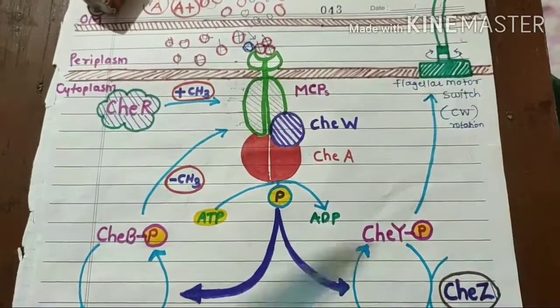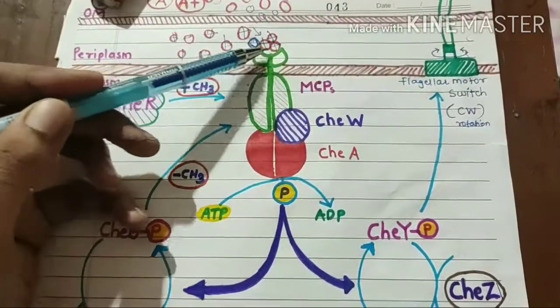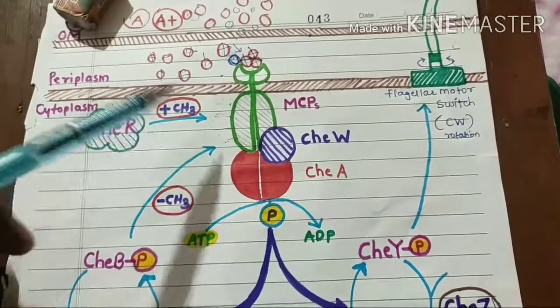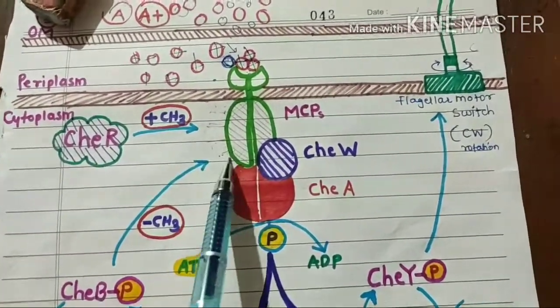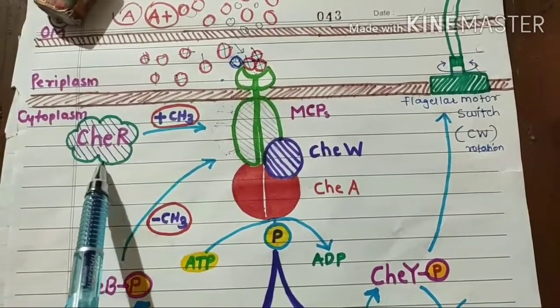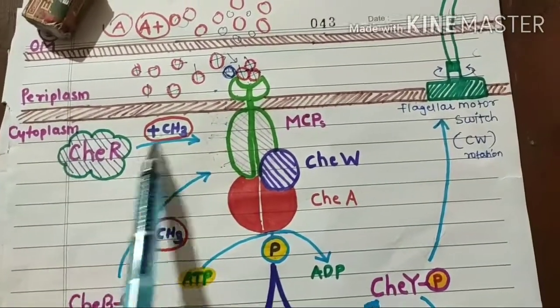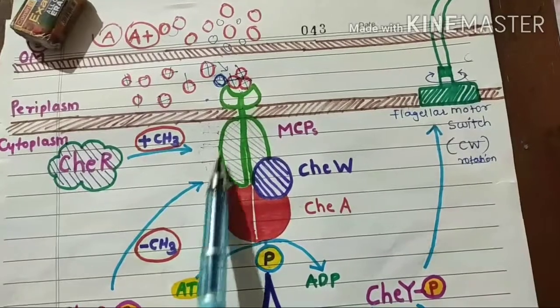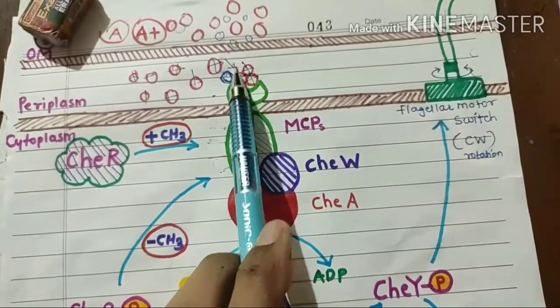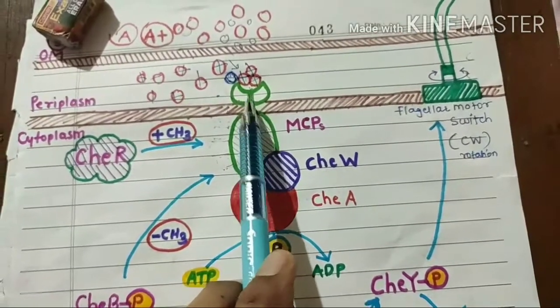But after some time this binding of attractant causes CheR to methylate this MCP protein, because a very significant role of CheR is that it methylates the cytoplasmic domain of MCP only when the chemoattractants are bound to the MCP protein.